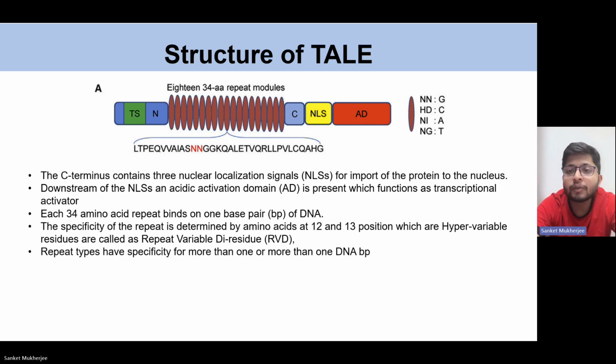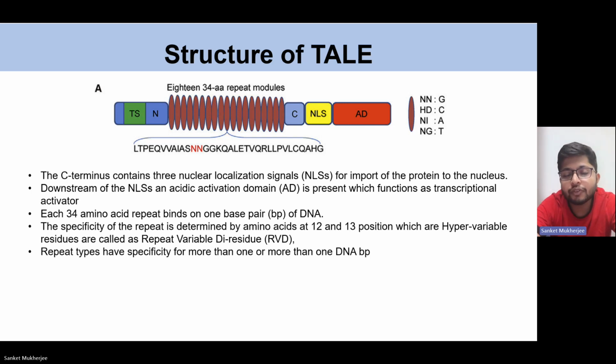There are sometimes mitochondrial localization signals also, called MTS. A mitochondrial localization signal will cause the protein to get into the mitochondria. So this is how the localization signals work. Because of the nuclear localization signal, the proteins are imported to the nucleus.